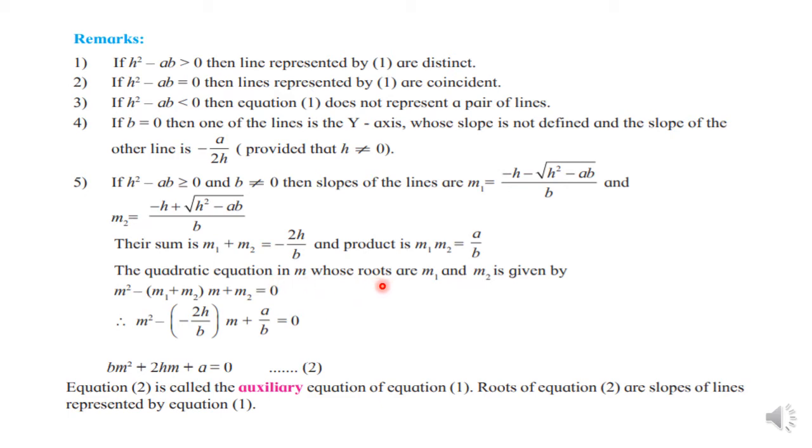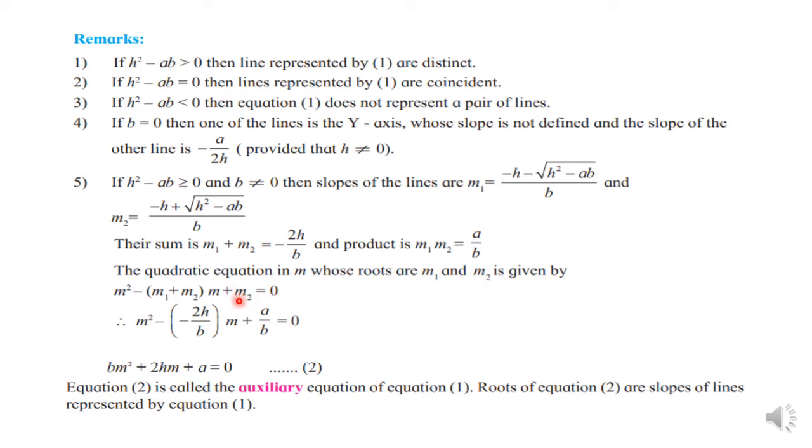The quadratic equation in m whose roots are m1 and m2. Again, now it's a revision of your 10th standard. Okay, if the roots are alpha and beta, you have learnt how to form a quadratic equation from that, isn't it? So, if the roots are m1 and m2, then the quadratic equation in m is given by m square minus m1 plus m2 into m plus m1 m2 is equal to 0.